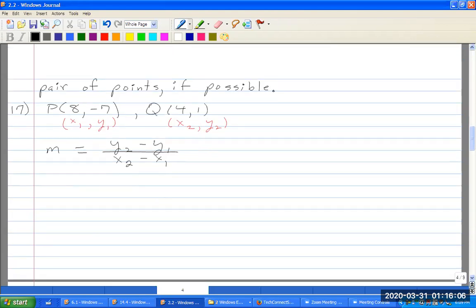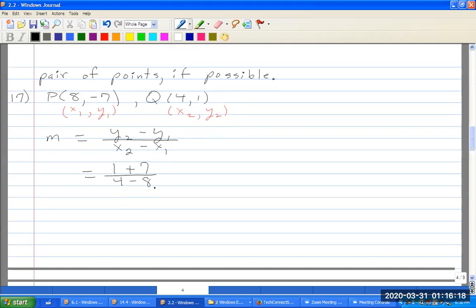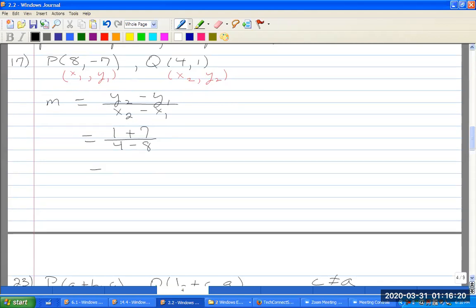And so this is equal to y2, 1, minus y1, -7, over x2, 4, minus x1, 8. And so I have 1 plus 7 is 8, divided by -4. And so this is equal to -2. So the slope of my line through these 2 points is -2.